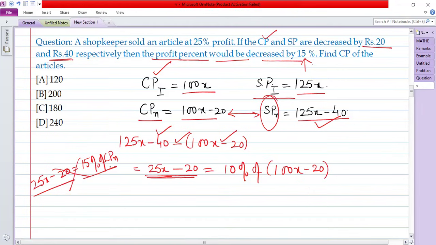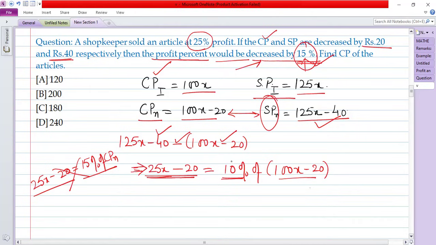This is wrong. It is mentioned that it would be decreased by 15%, which means earlier the profit was 25%, and now, decreased by 15%, it is 10%. Please mind, this is very important in this question. Otherwise, one may commit a mistake here.